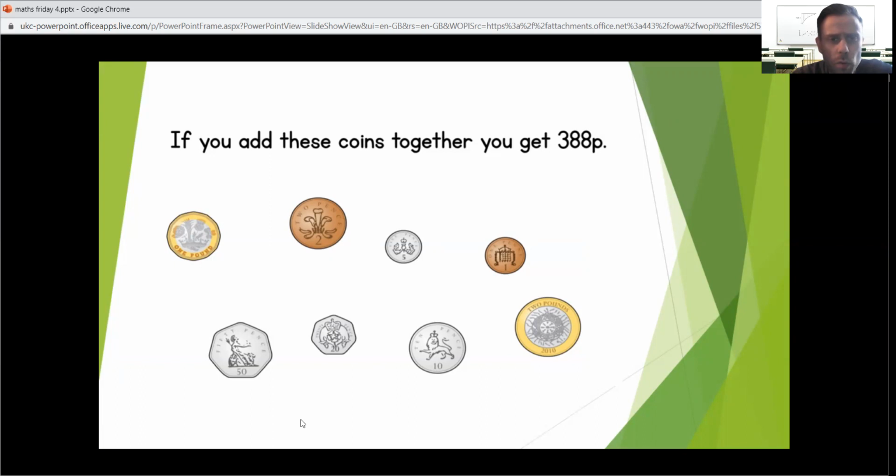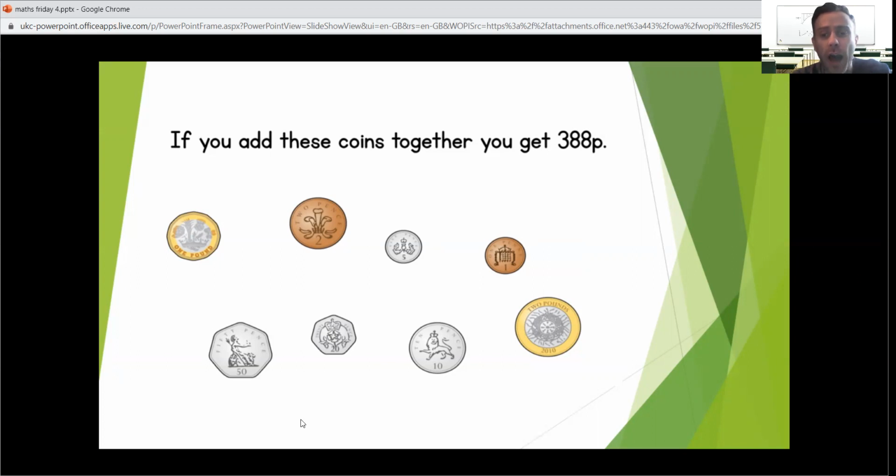All right, so it said if you add these coins together, you get 388p. There's only one way to find out. Add them up and let's see. So we've got £1 and £2. Wait a minute. It says p on there. It doesn't say anything about pounds. So what we have to do here is we have to do something called converting. Okay, so that means changing something into something else.